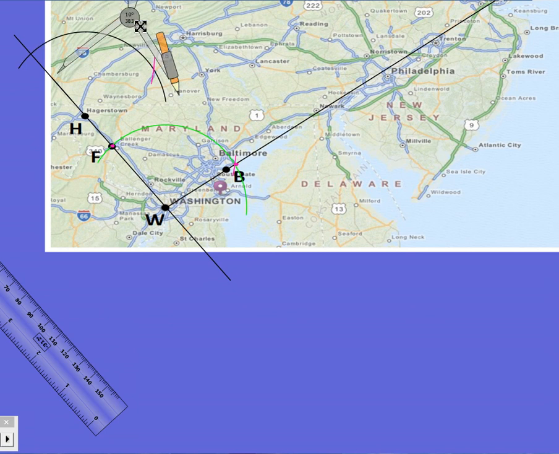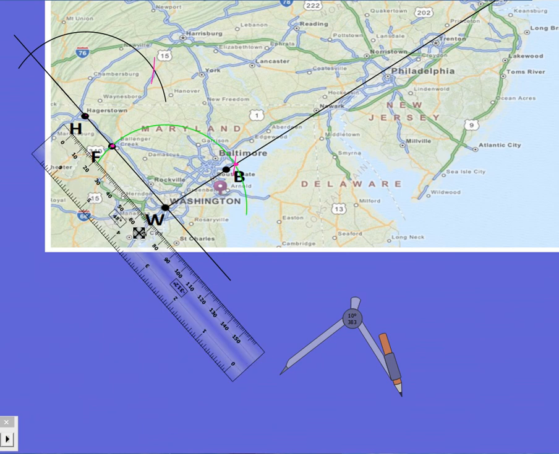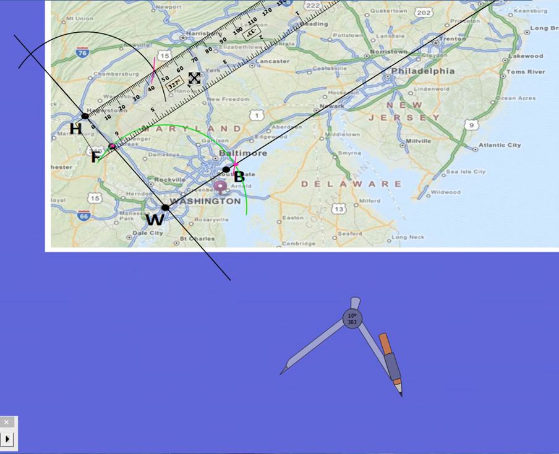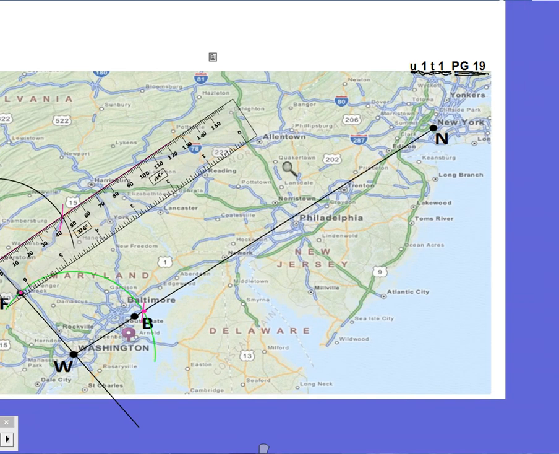Okay. All right, so now we have H, which should be on our line. We need to put that here, and we want to go through that intersection. Extend that a little more.